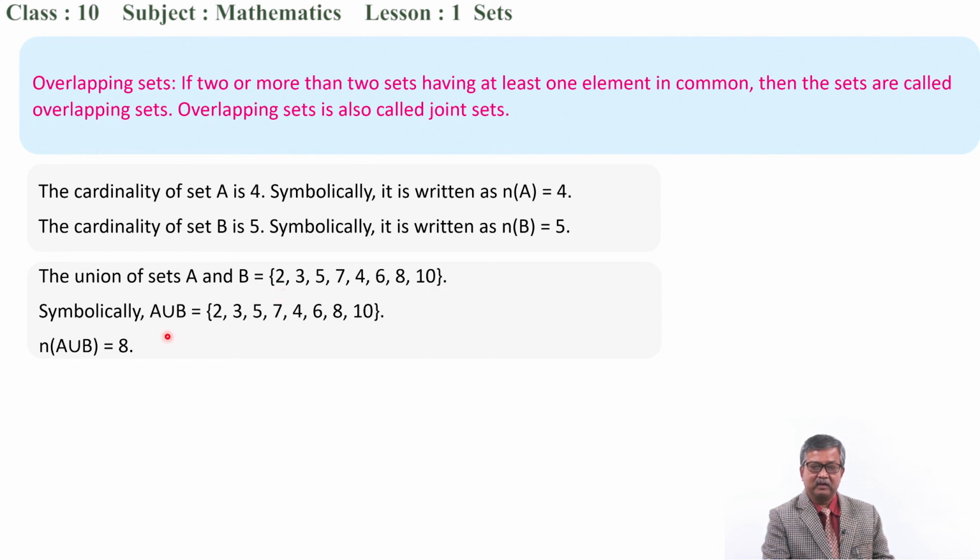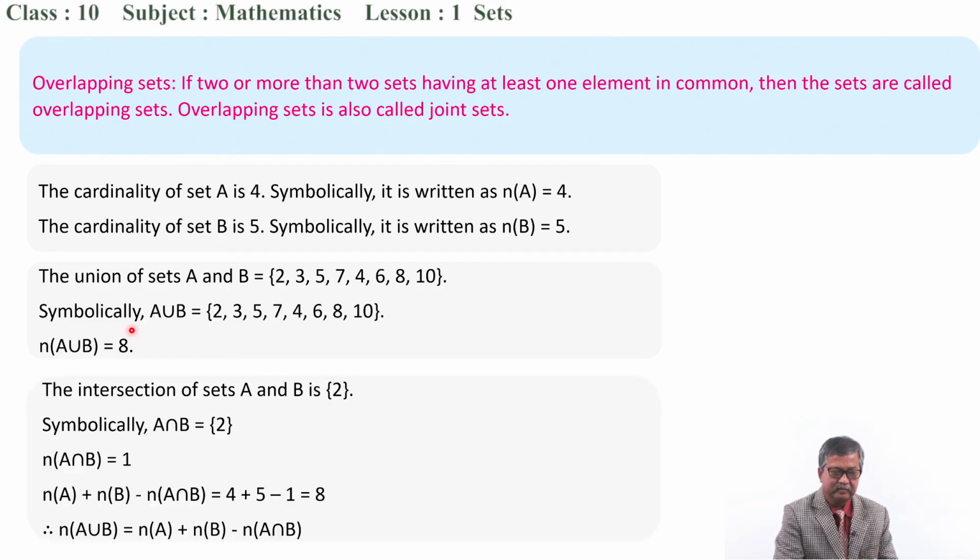Symbolically we can write A union B is equal to {2, 3, 5, 7, 4, 6, 8, 10}. So how many elements are here? 8 elements. Count: 1, 2, 3, 4, 5, 6, 7, 8. That's why the cardinality of A union B is equal to 8.